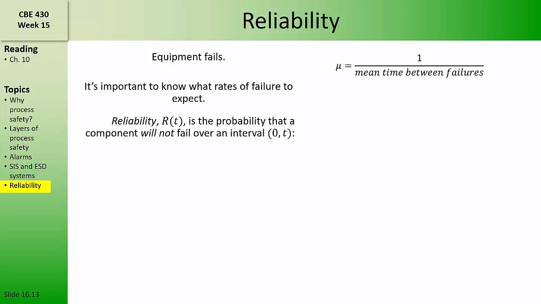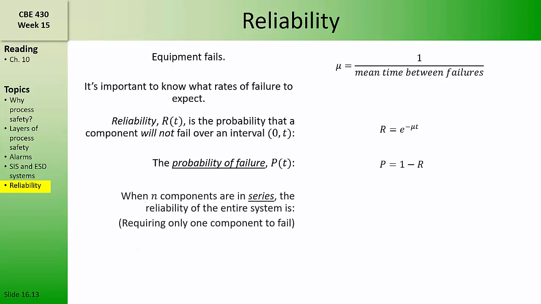So the reliability for larger t gets smaller and approaches 0 as t goes to infinity. This is described by an exponential decay, where the decay rate is the reciprocal of the mean time between failures. That is, the rate is mu. If R, the reliability, is the probability of a component not failing in the interval from 0 to t, then P, the probability of failure, is 1 minus R.